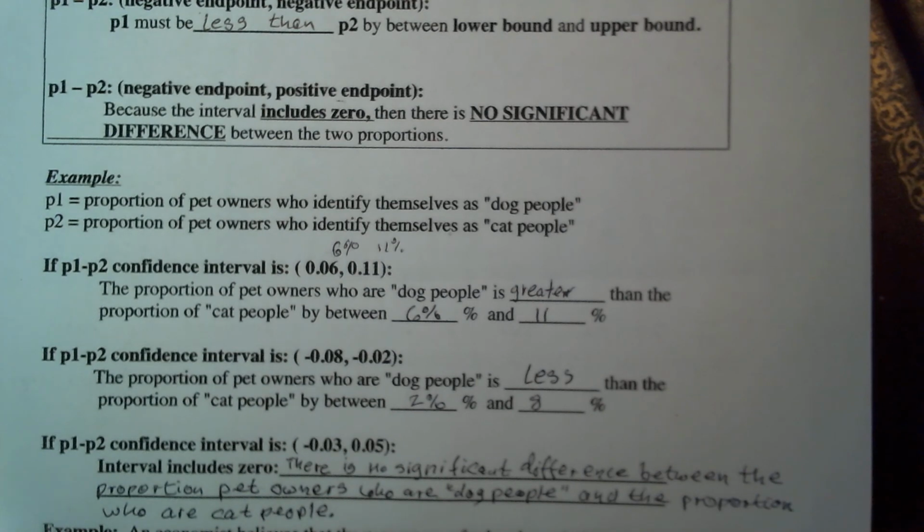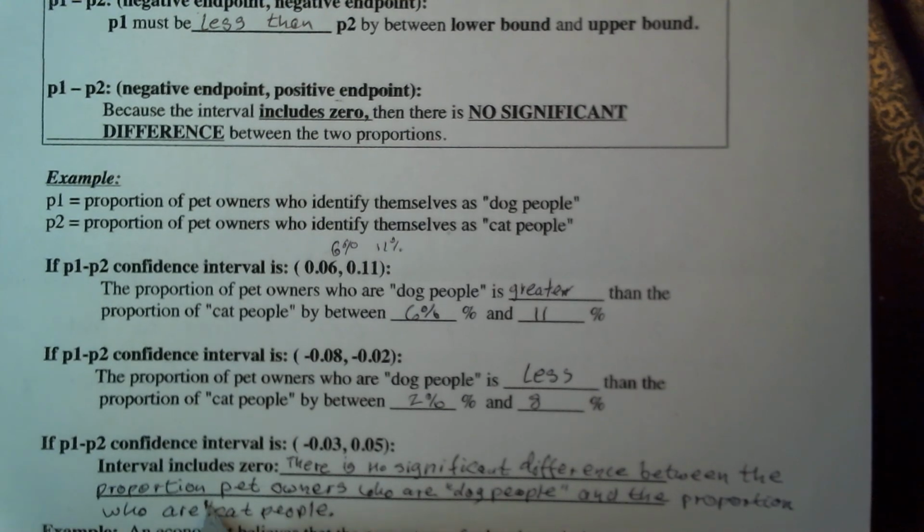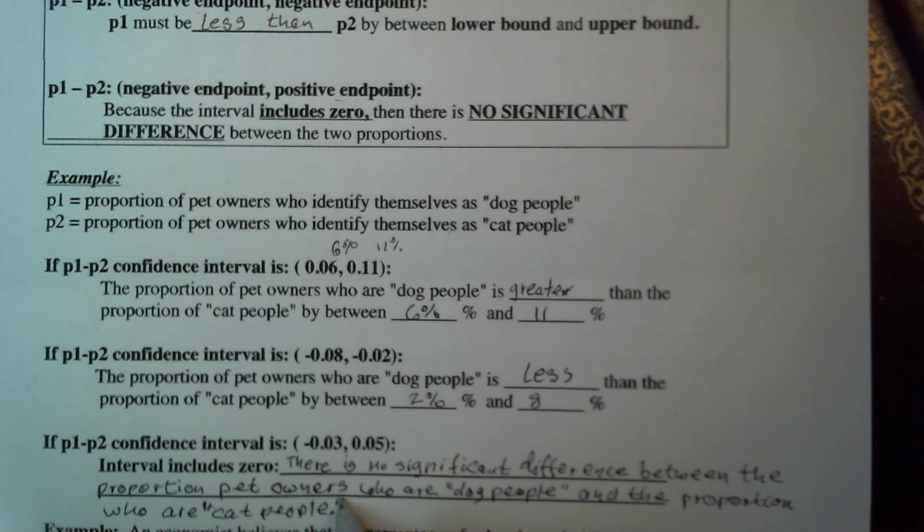So again, in the third case, where the confidence interval includes 0, we can say there's no significant difference between the proportion of pet owners who say they are dog people and the proportion of people who say they are cat people. I use quotation marks.